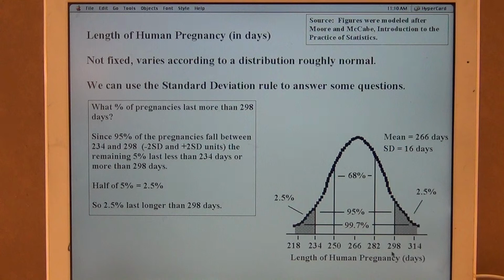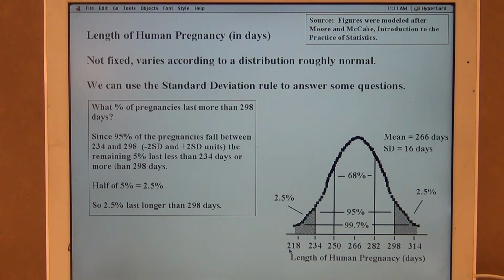So that means 5% are not included. And if we divide 5% in half, we get 2.5. So 2.5% are between positive 2 and positive 3 standard deviations, and 2.5% fall between negative 2 and negative 3 standard deviations.